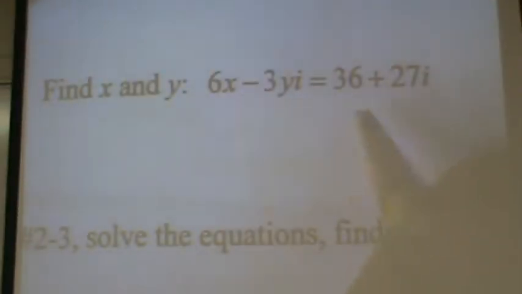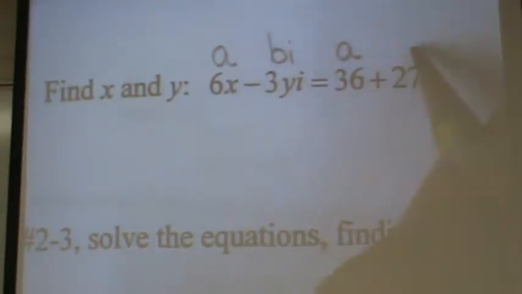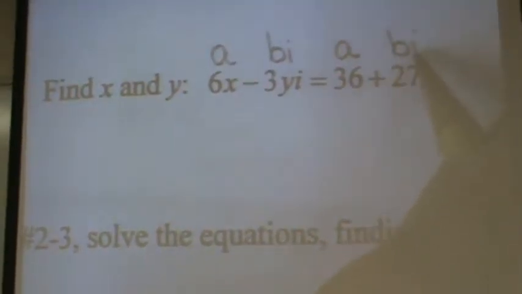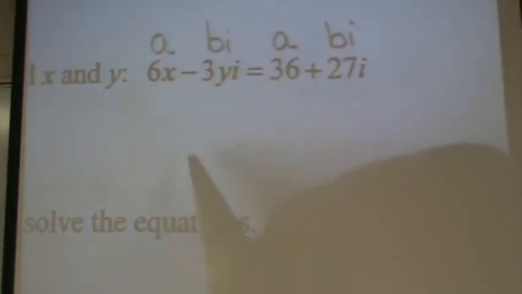These are from 4.6. Can you tell me, if I asked you to solve this for x and for y? See this? This is your a value, and this is your bi. This is your a, and this is your bi. Can you think of a way to solve for x and for y?